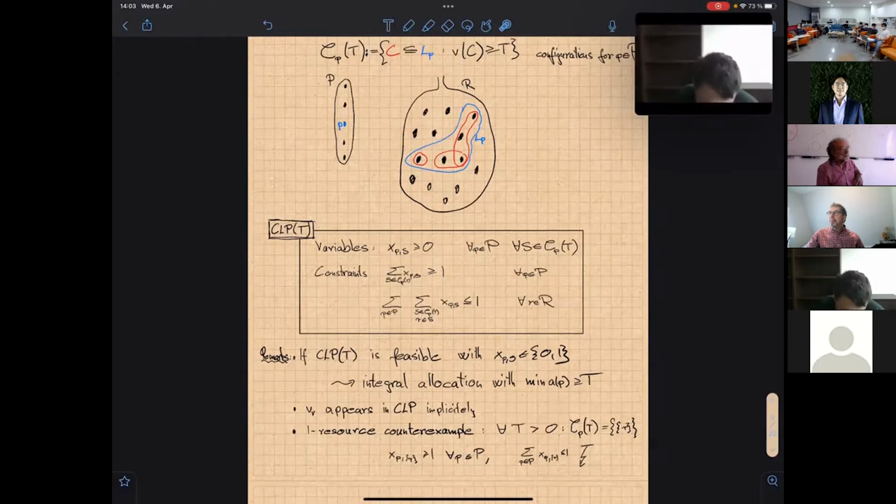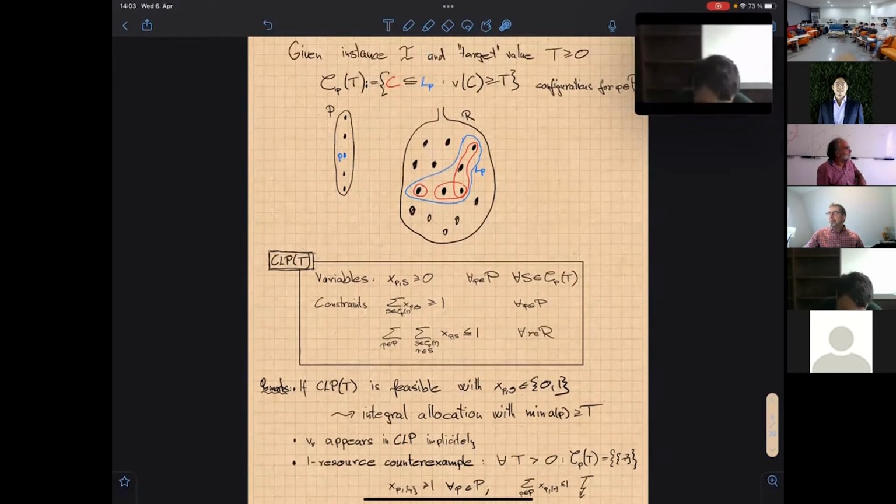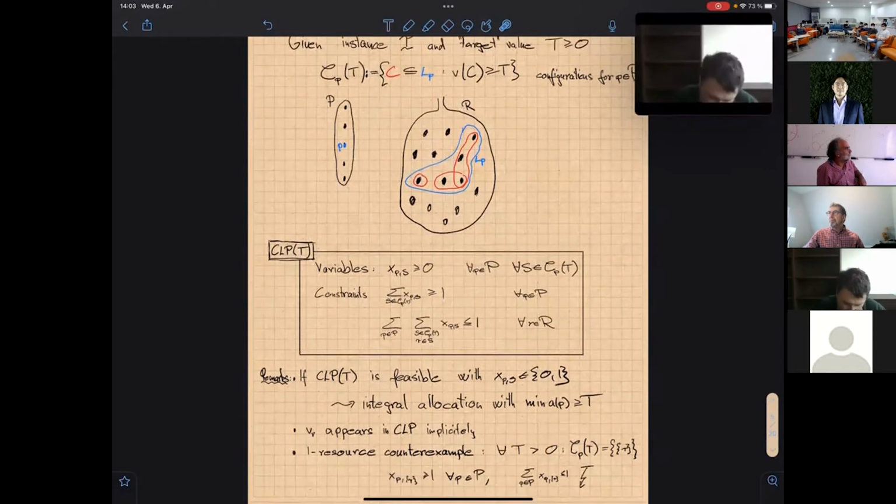And the last comment I want to make with this configuration LP is that this previous very valuable resource counterexample can be detected, because in this case, for any t which is positive, the set of configurations is just this one-element set for every player.